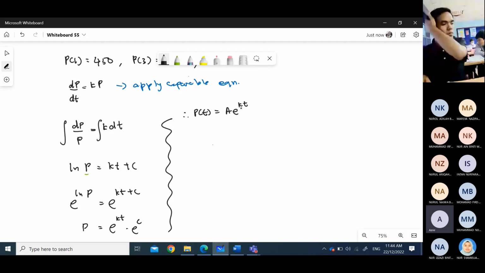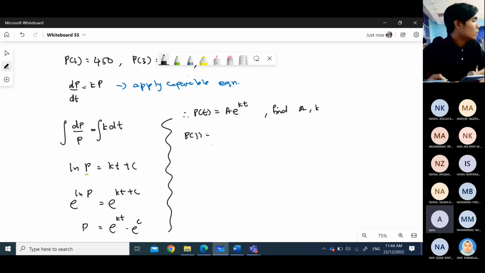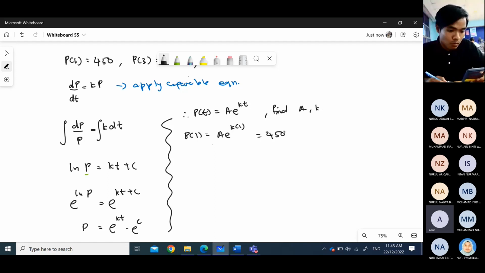Alright, so in order to find A and K, we use this info yang dah bagi. So for this simultaneous equation, which is P at T equal to 1, we have A exponent K times 1 equal to 450.